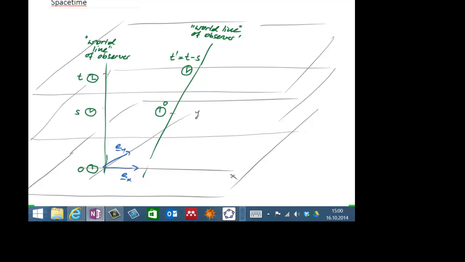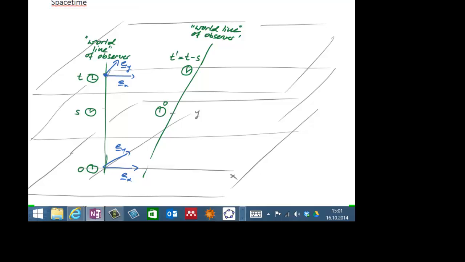Now, at time t, my reference frame in space, my coordinate system in space, still looks like this. So at time t, here's the origin of my spatial coordinate system, Ex and Ey. My colleague's coordinate system is, first of all, displaced in its origin.